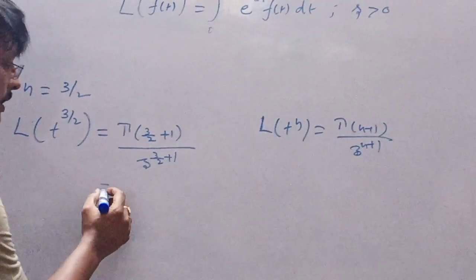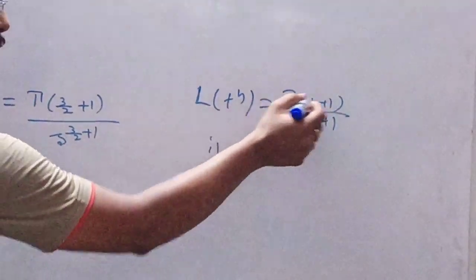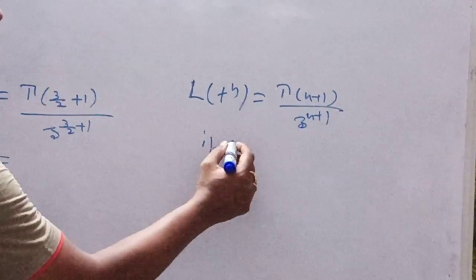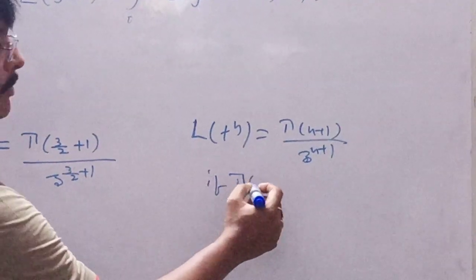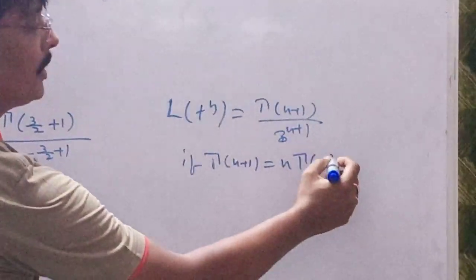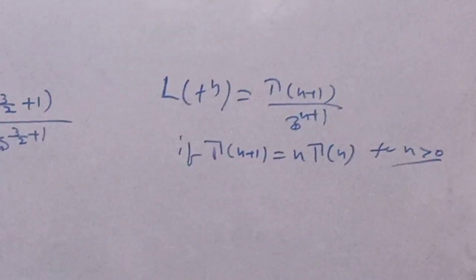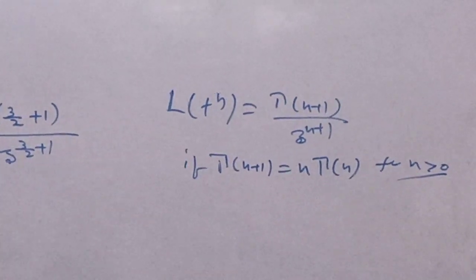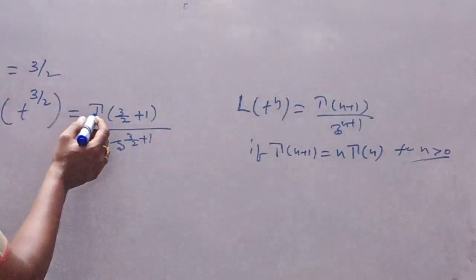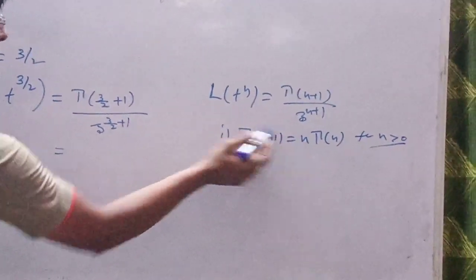Use the property gamma of n plus 1 equals n into gamma of n, for n greater than 0, where n equals 3 by 2.